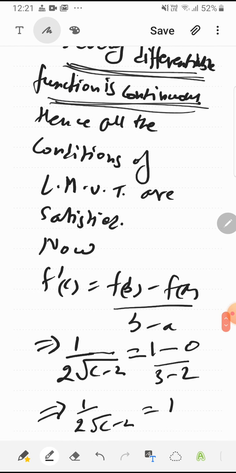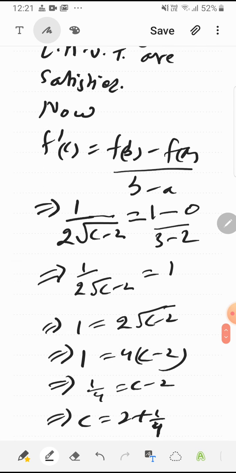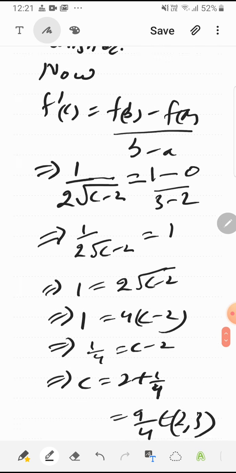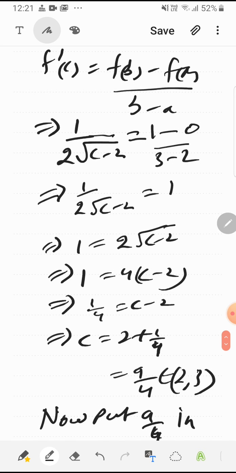Now again f dash c is equal to f of b minus f of a over b minus a. f dash c is 1 upon 2 root c minus 2. f of b is 1, f of a is 0, upon 3 minus 2. The rest is simple calculation, and from here we can say c is equal to 9 by 4, which belongs to 2, 3. But our question was not direct, that find c.